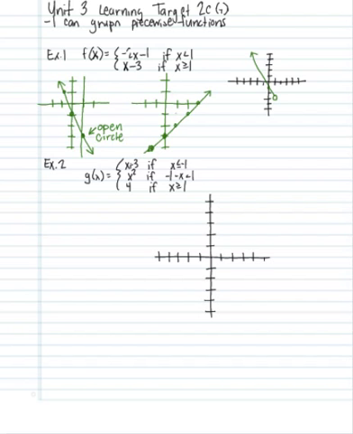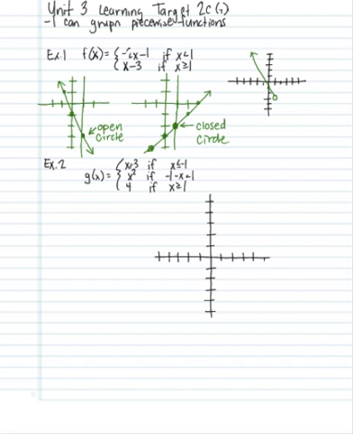Again, I'm going to draw a vertical line at 1 because we know that we only want values, in this case, greater than or equal to 1. So, since it's greater than or equal to, I know that that is going to be a closed circle. So I'm going to come over to my main graph.